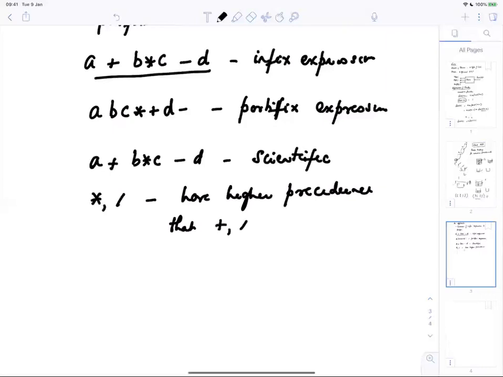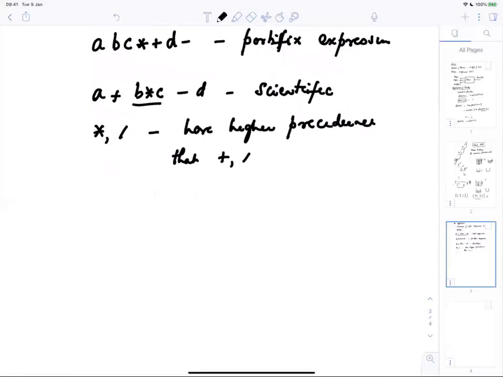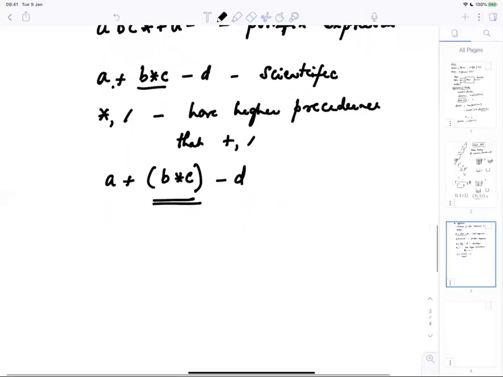What's the meaning of this? That if an expression has either star or plus, the star will be evaluated before the plus. So what's the meaning of this? This expression, if I put brackets to ensure that the expression gets evaluated completely correctly, this is how it would evaluate. This is what a scientific calculator does.